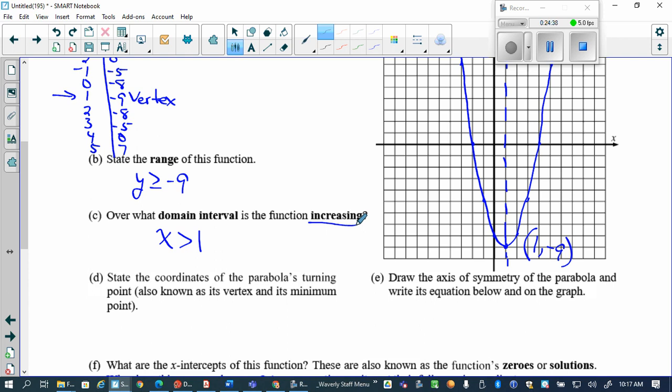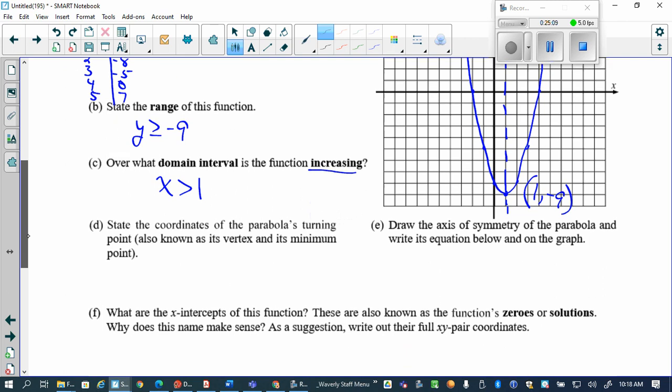When it's actually at 1, is it increasing? No, because that 1 is the turning point. It's right at that very point, it's not decreasing, so that's why I have to leave out the equal sign. I think the book doesn't do the best job of being consistent with that, but I'm going to try to be. So range is all y values, domain is x values, right?